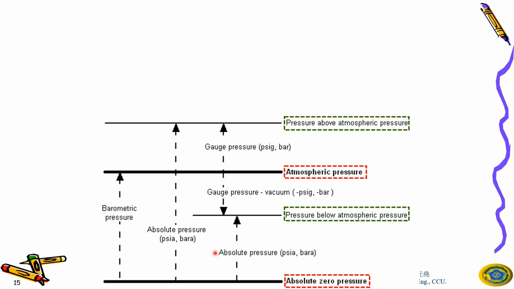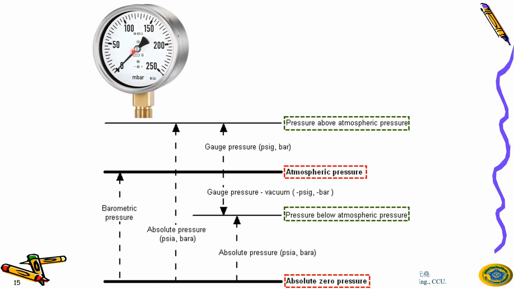One measures absolute pressure, which is PSIA, or bar sub A. It goes up, absolute pressure goes up, and goes up.